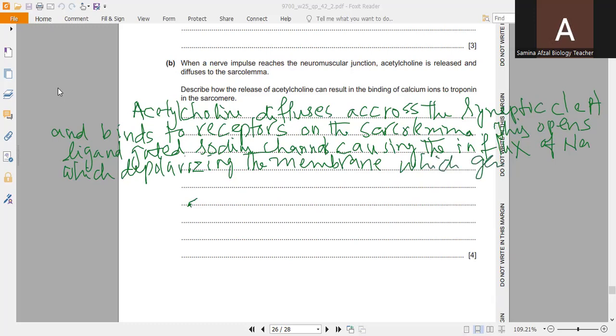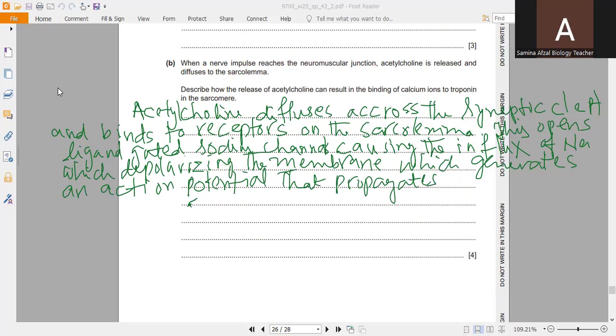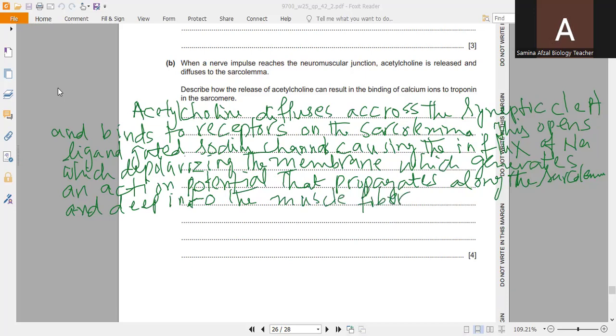This depolarization generates an action potential that propagates along the sarcolemma and deep into the muscle fiber via the T tubules.